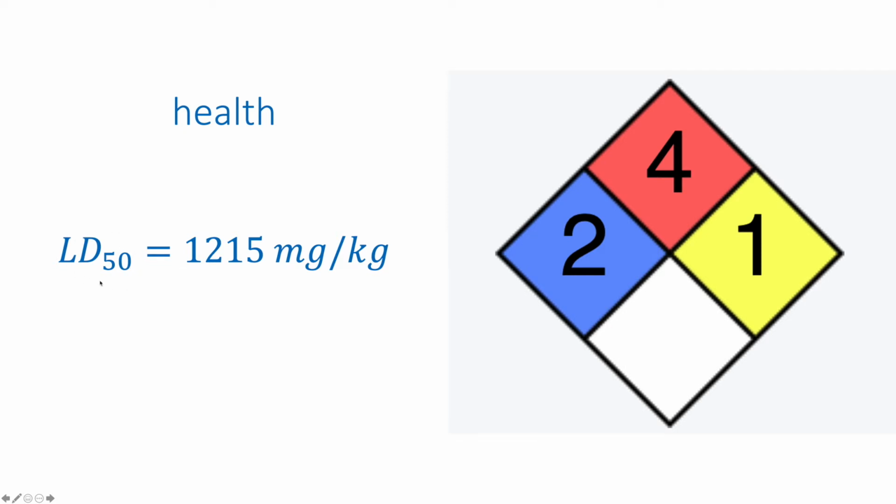It's the amount that if everybody ingested it, half of everybody would die. It's usually measured in rats, and so it's an approximation for what it would be for humans. But in rats, when given orally, diethyl ether killed half of the rats it was given to when it was given at 1,215 milligrams per kilogram of body weight.